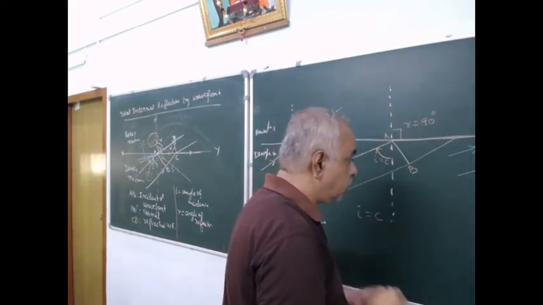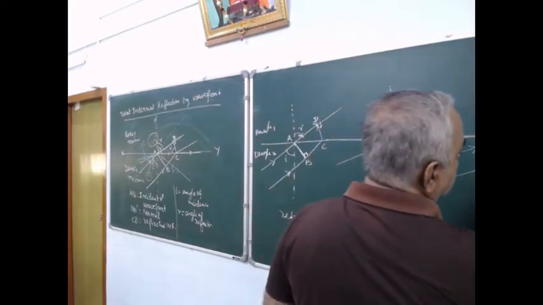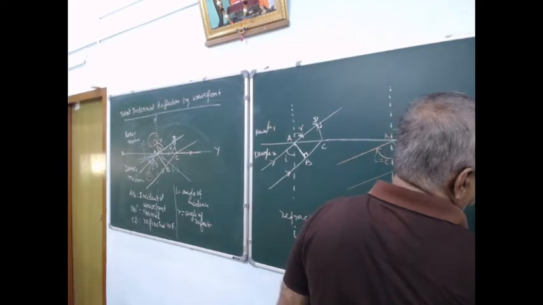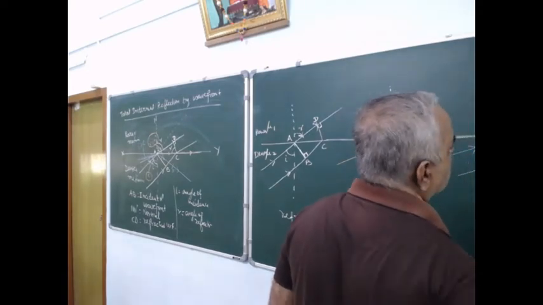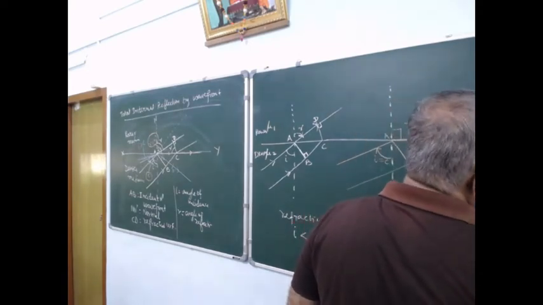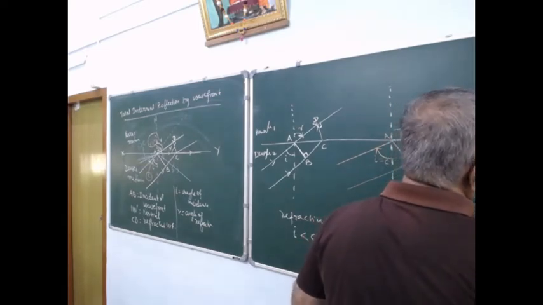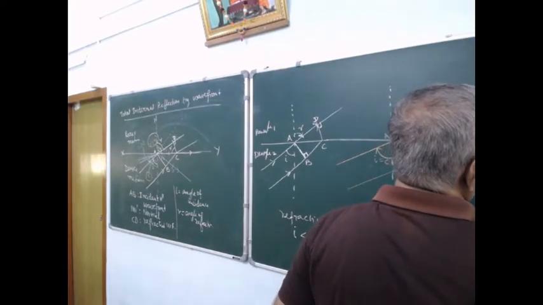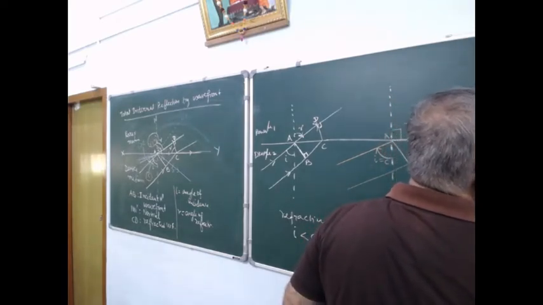Now, as I already told you, it gets further deviated and exceeds the critical angle, is it not? So, greater than 90 degree means it is totally internally reflected. It goes like this. Okay?